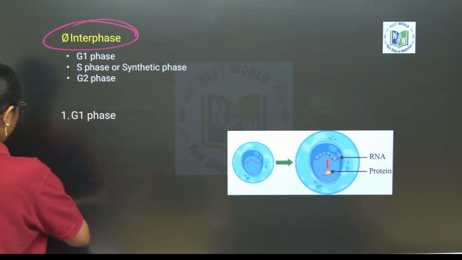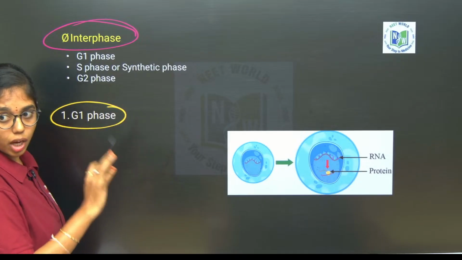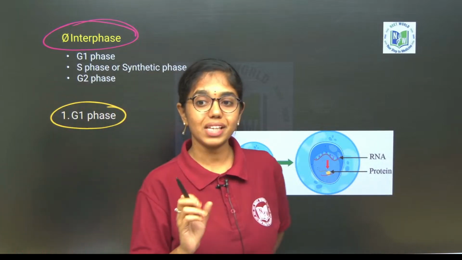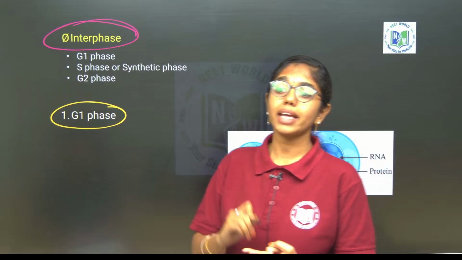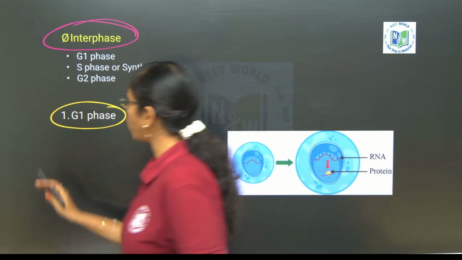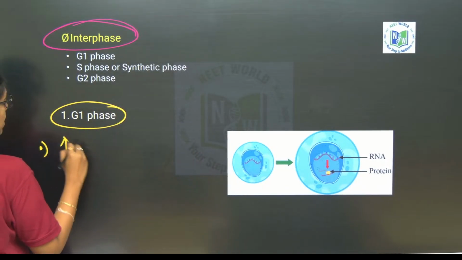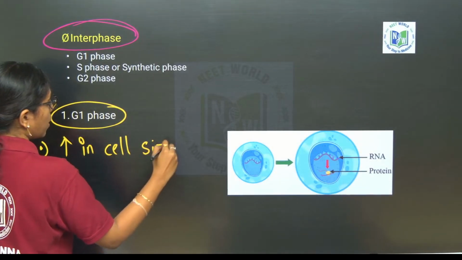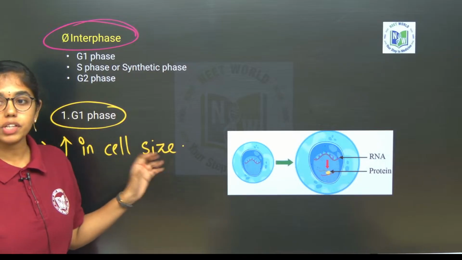So, G1 phase is also called as what, beta? Post mitotic phase or pre synthetic phase. So the primary event that happens in G1 phase is increase in cell size. Most of the cell organelle duplication happens in G1 phase only. What are the two major events that are happening, ma? First is increase in cell size. Yes, cells are metabolically active in G1 phase.